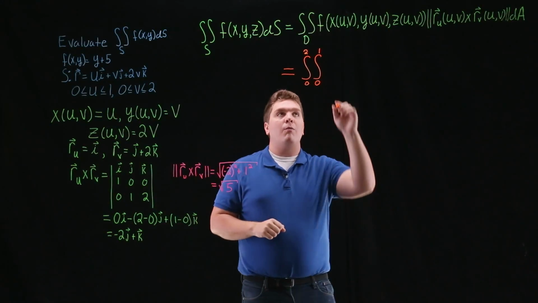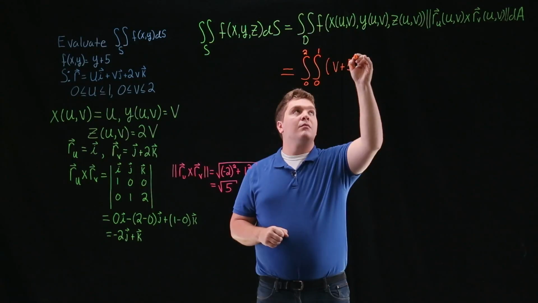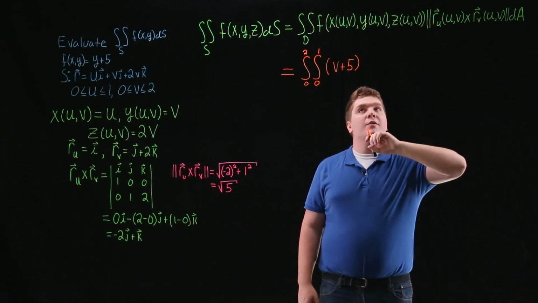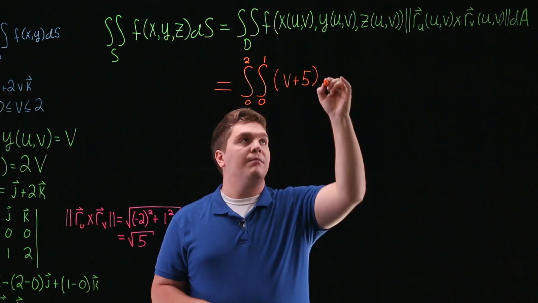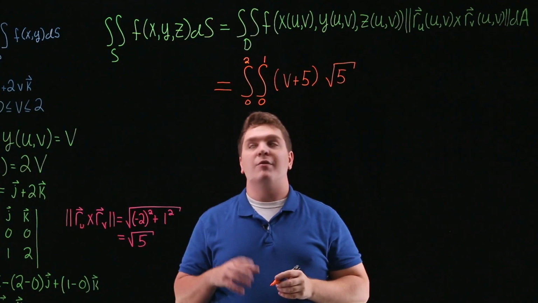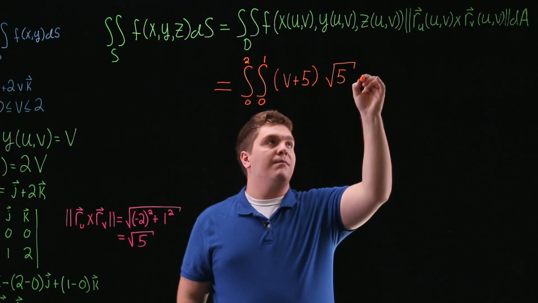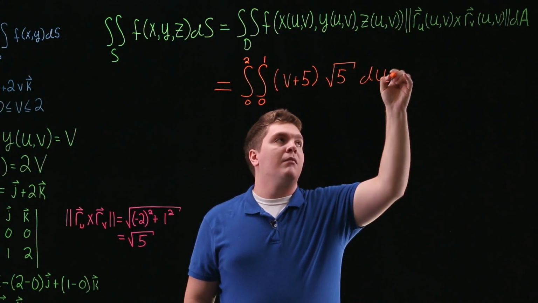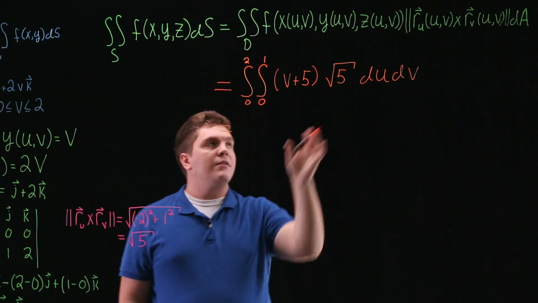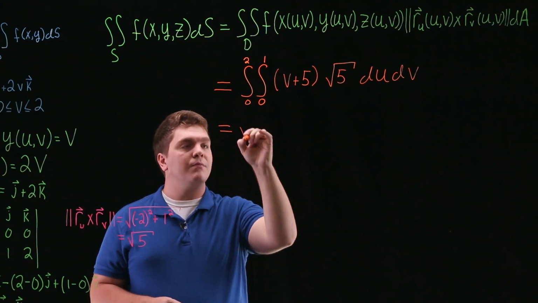So we'll have v plus 5. And we already found the magnitude of this cross product, which was the square root of 5. As I said before, we integrate with respect to u first, and then with respect to v. The square root of 5 is a constant, so let's pull that out in front of both of our integrals.